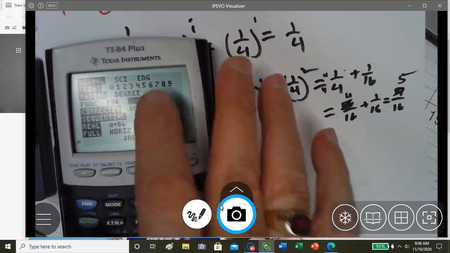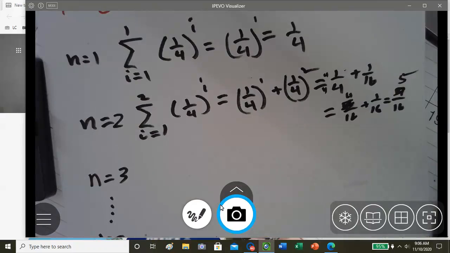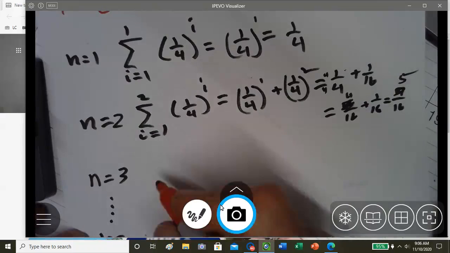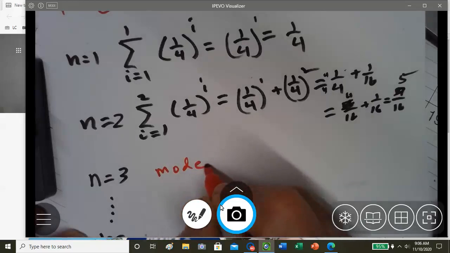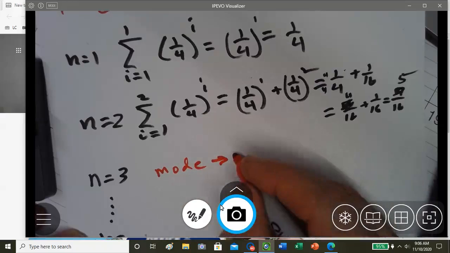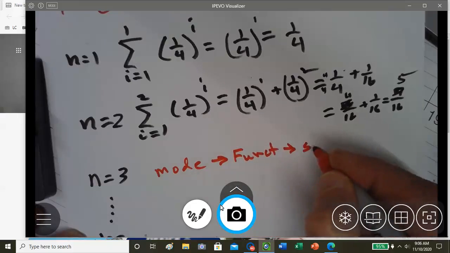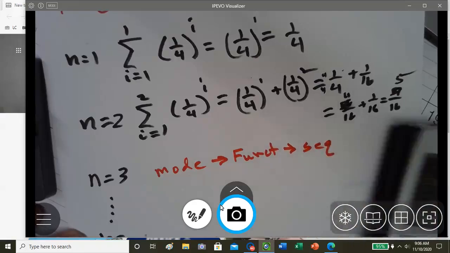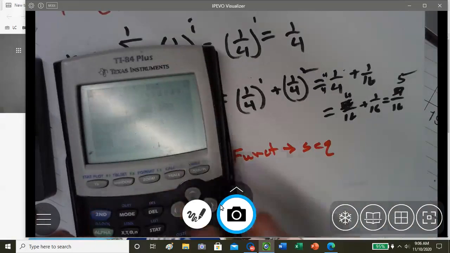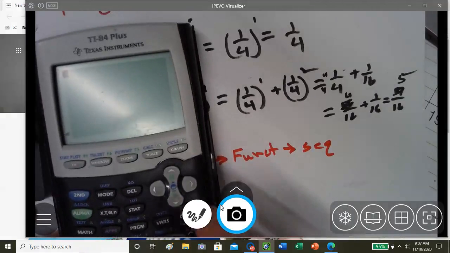As you can see, it was already there, but that's the steps. So our steps here are going to be mode, then go down to function, and then sequence.